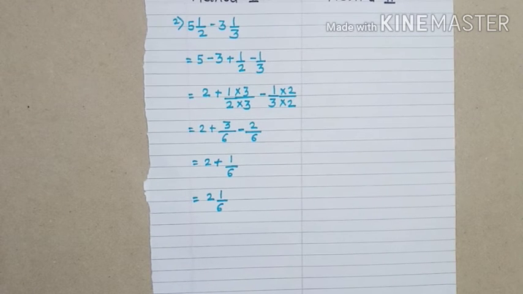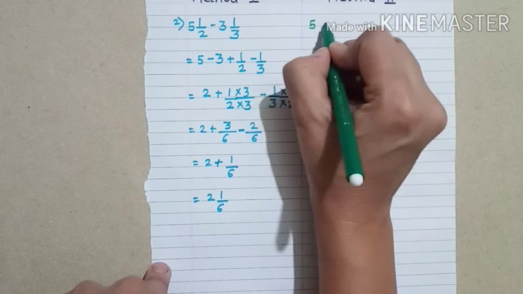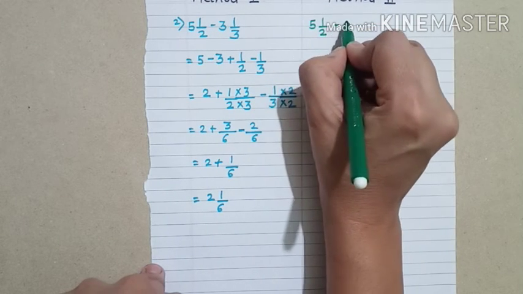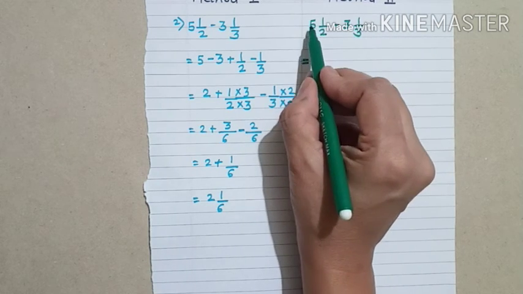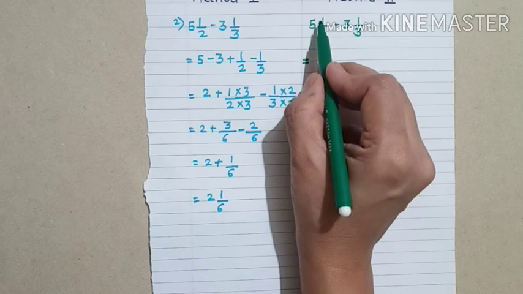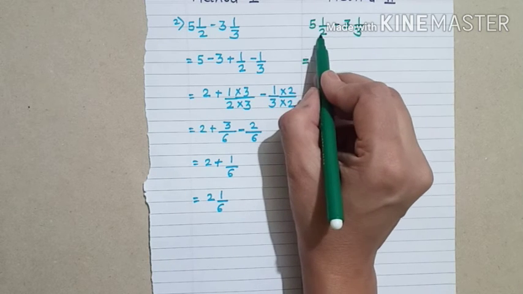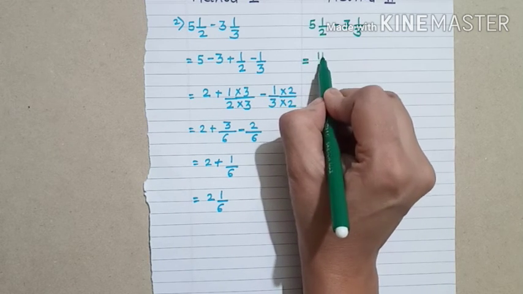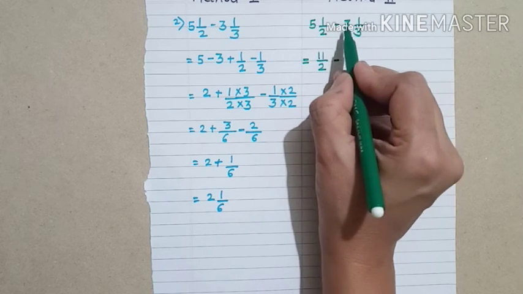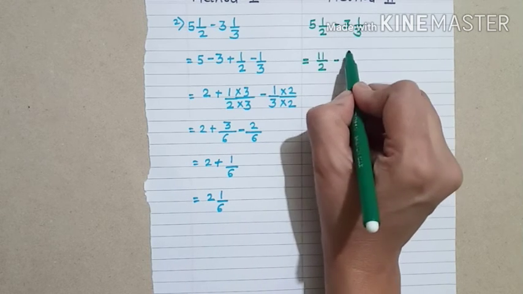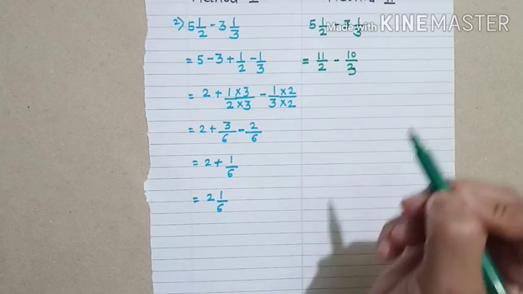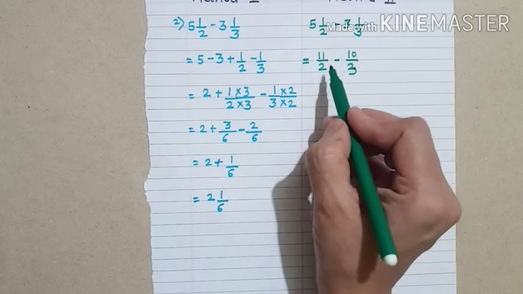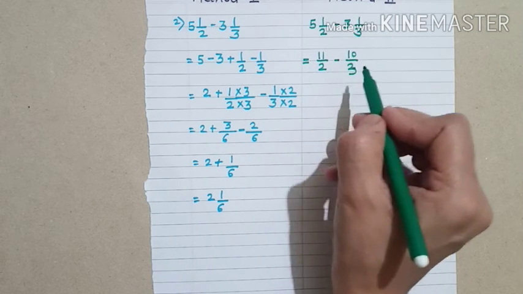Now let's do this example with the second method. 5 integer 1 upon 2 minus 3 integer 1 upon 3 is equal to, convert these mixed numbers into improper fractions. 5 2s are 10, 10 plus 1, 11, 11 upon 2 minus 3 3s are 9, 9 plus 1, 10, sorry, 10 upon 3. 11 upon 2 minus 10 upon 3.